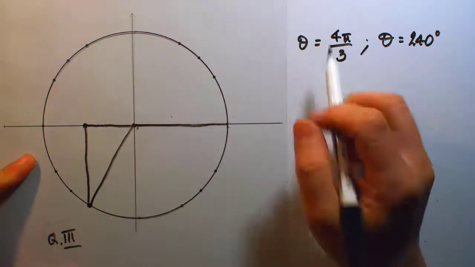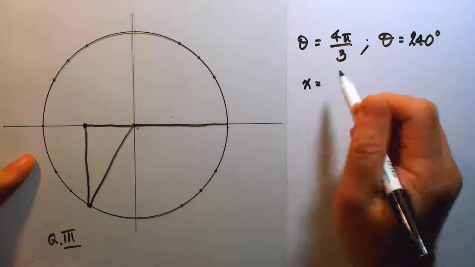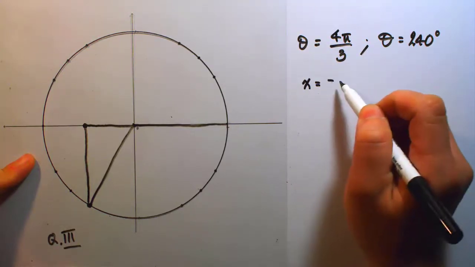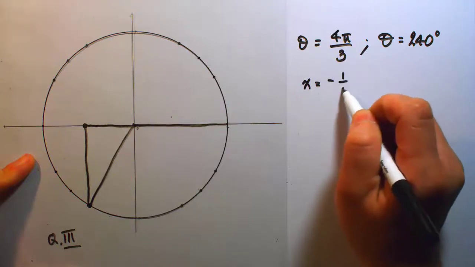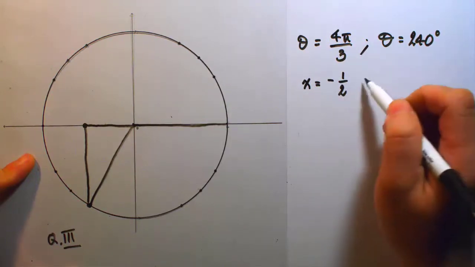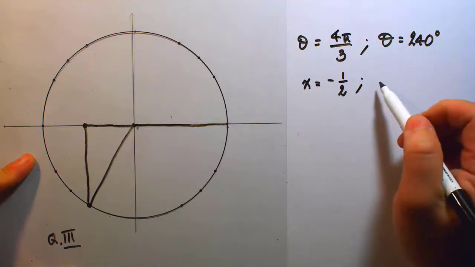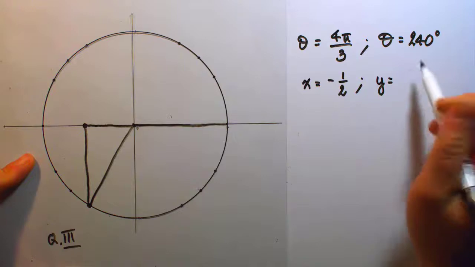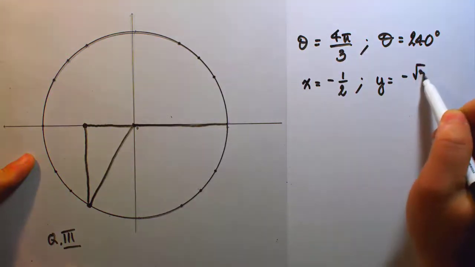Now it makes sense that the x coordinate in this way is negative. As far as length, it's 1/2, but it's negative as a coordinate. Then similar arguments with the other video lessons we've seen. The y coordinate here is negative square root 3 over 2.